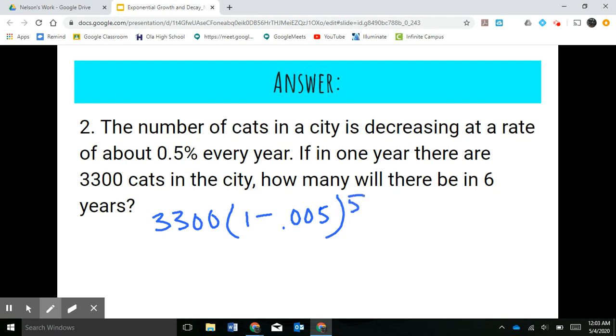The reason this is a tricky question is because in 1 year there were 3,300 cats. So that means that you take 1 away from the 6, and now we have 5. So we're still starting off at the end of that year with 3,300 cats. 1 minus 0.005 to the 5th power. Since it's real life cats, I rounded it down to 3,218 cats.